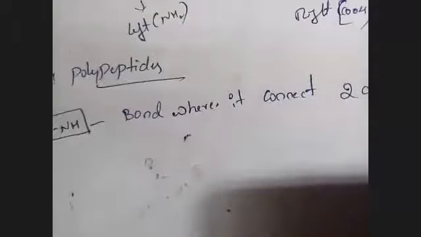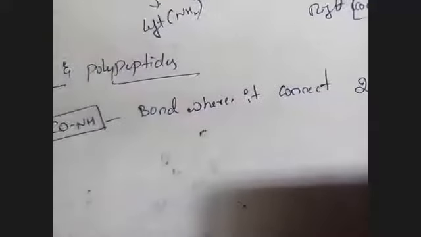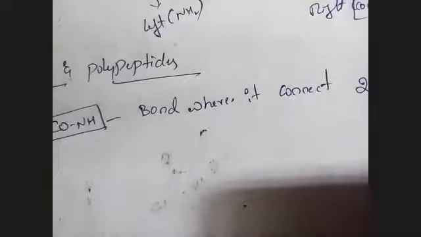Peptide is a type of bond where CONH is present. It connects two amino acids by the link of CO and NH. So you can say this is a bond that exists between the carboxylic group of one amino acid and the amino group of another amino acid.